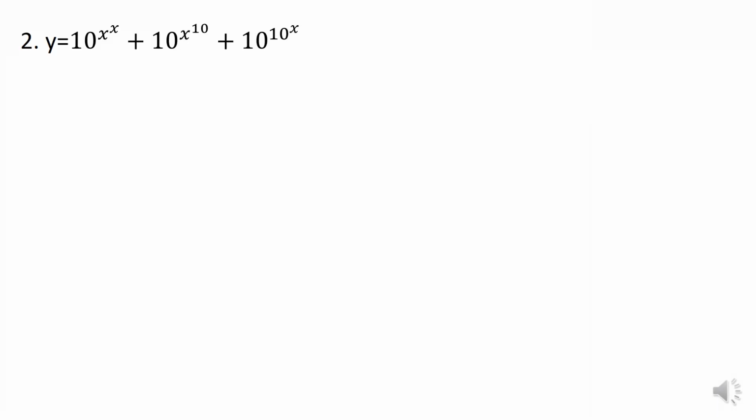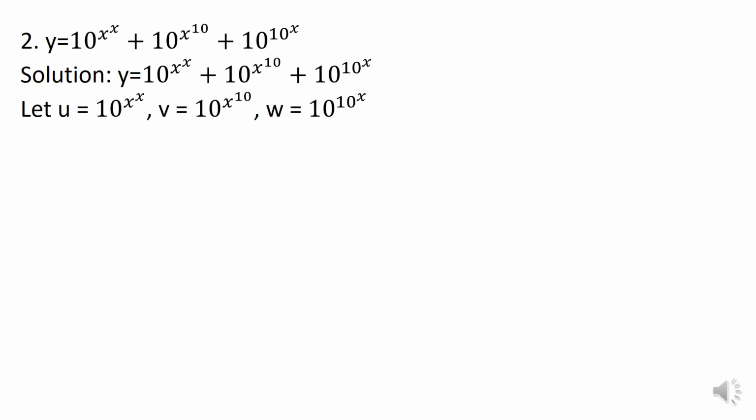In the next sum, we have y as the sum of 3 terms, that is 10 raised to x plus 10 raised to x raised to 10 plus 10 raised to 10 raised to x. We have already realized that y can be solved by simplifying it like this, that is, let u is equal to 10 raised to x, v is equal to 10 raised to x raised to 10, and w is equal to 10 raised to 10 raised to x.